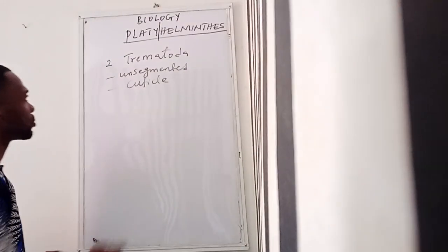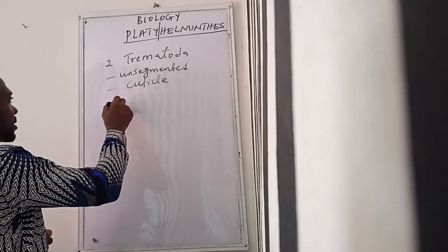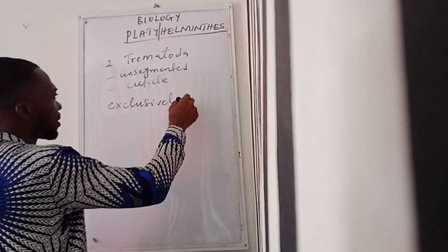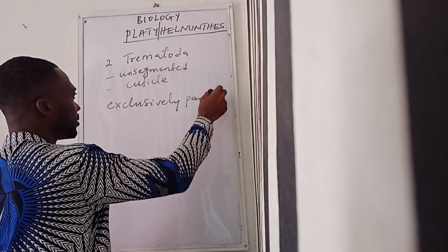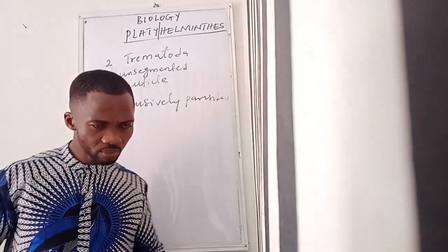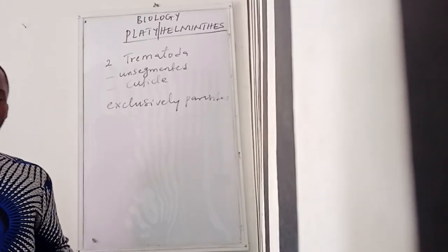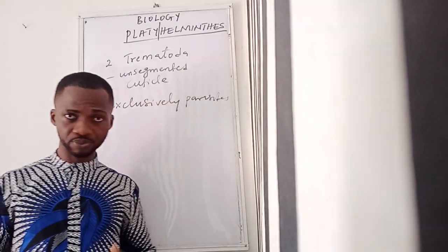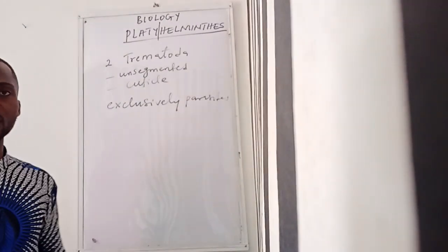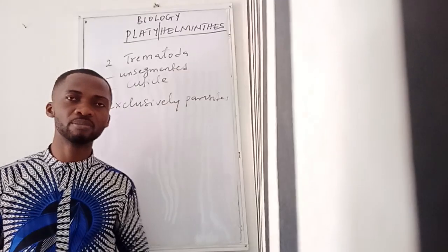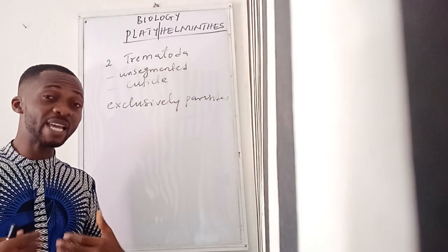Because members of this group are exclusively parasites, there is need to have this cuticle, because the cuticle helps the parasite to evade destruction by the enzymes of the host.